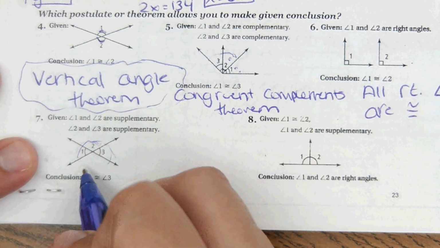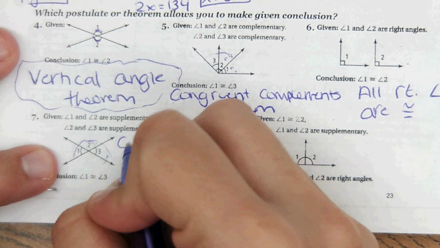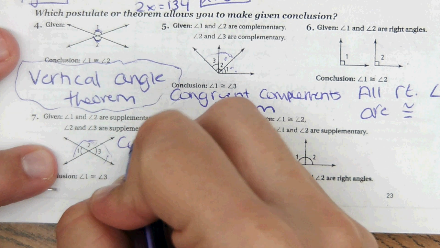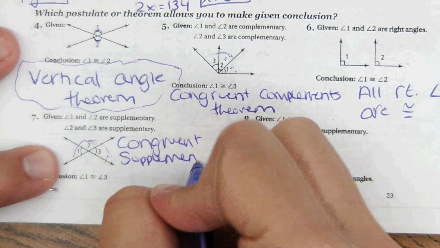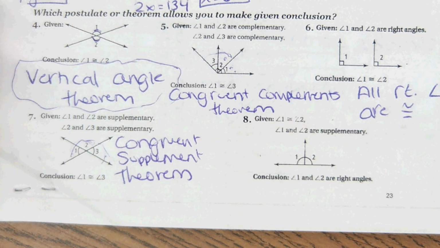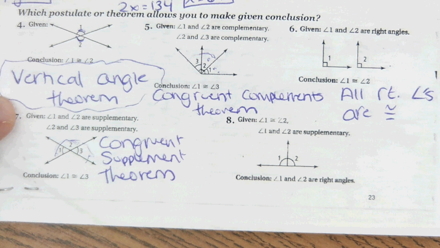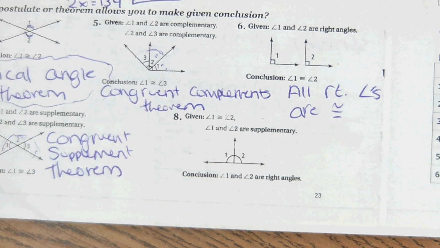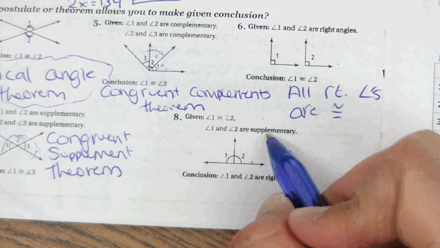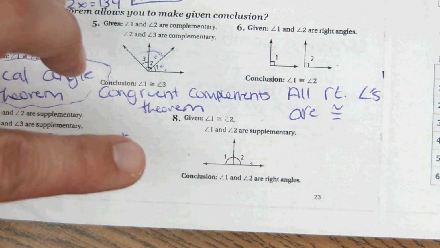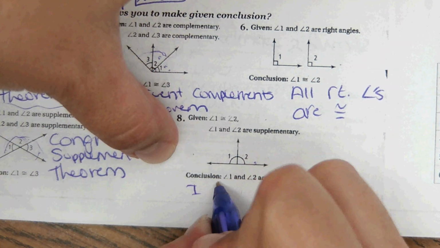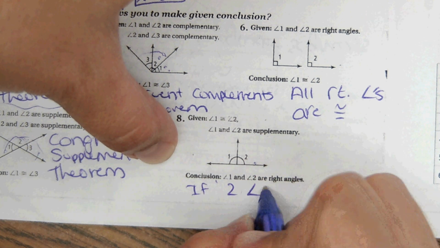Okay, then number 7 down here, 1 and 2 are supplementary. I see that. 2 and 3 are supplementary. So therefore, 1 is equal to 3. That would be the congruent supplements theorem. And number 8, 1 is congruent to 2, 1 and 2 are supplementary, therefore 1 and 2 are right angles.